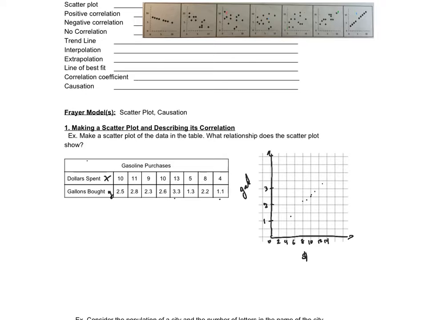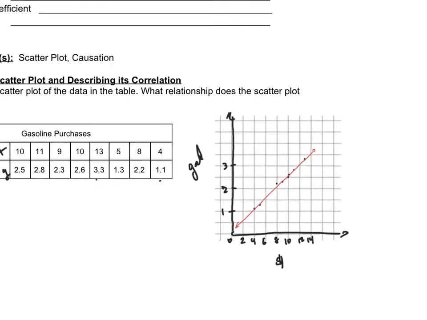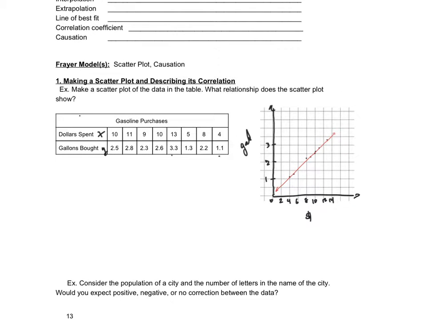And 4 is 1.1. Okay, so if we look at this data, it does not form necessarily a straight line. But if I were to estimate with a line, I could say, well, splitting my data, some data falls on the line, some data doesn't fall on the line, but I can look at that line and that data and say, generally, it has a positive correlation.